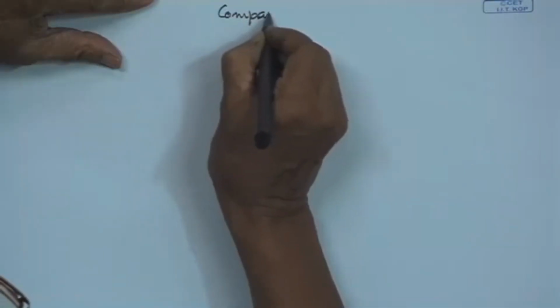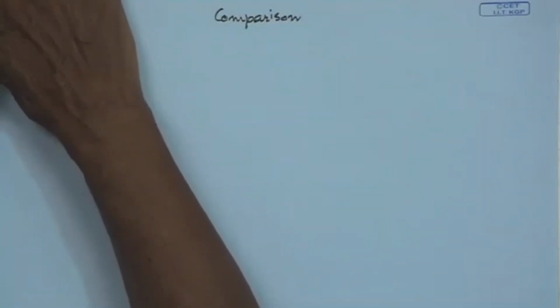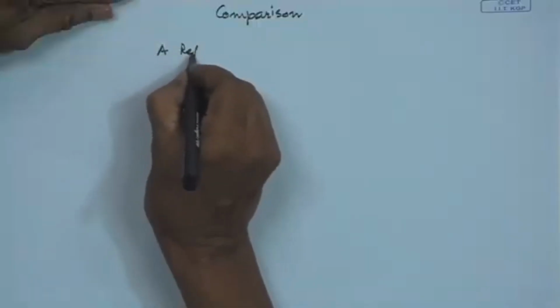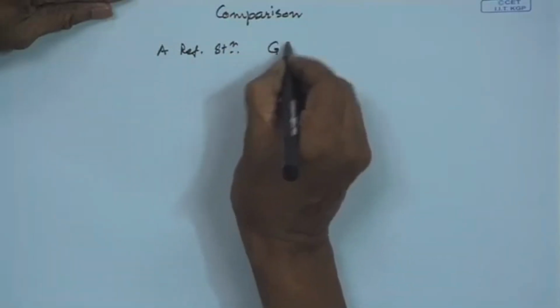Now, there is one more method which is called the comparison method. This is very simple, and is used for many stations which are small and medium stations. A reference station is used whose G by T is known.